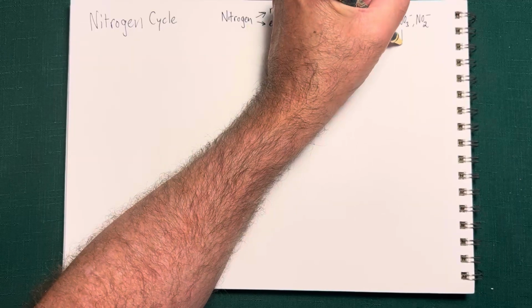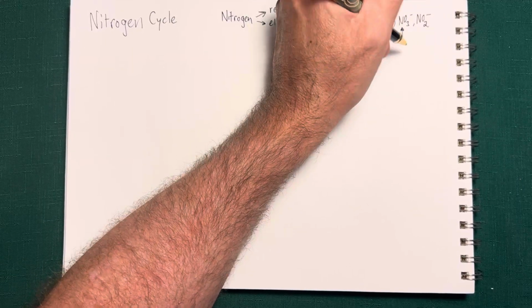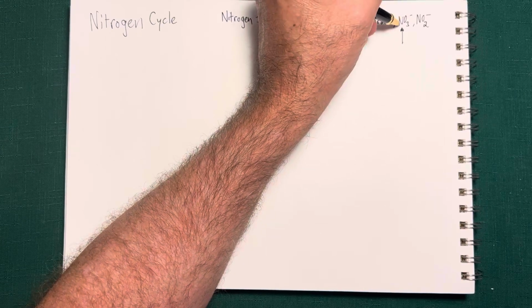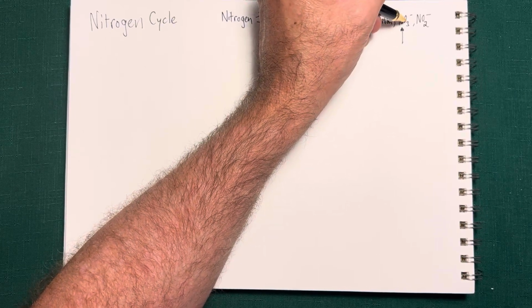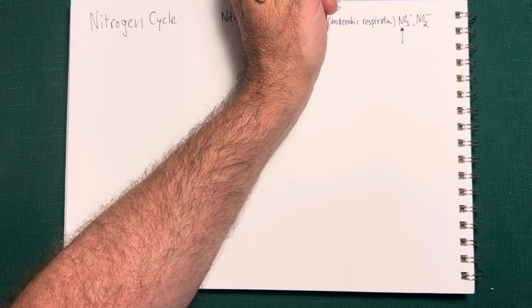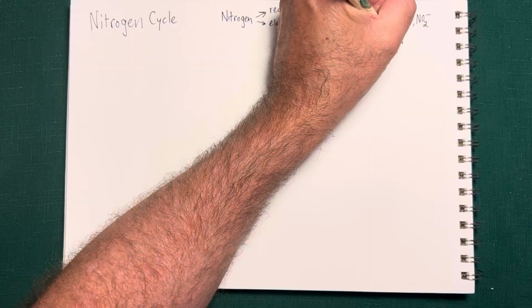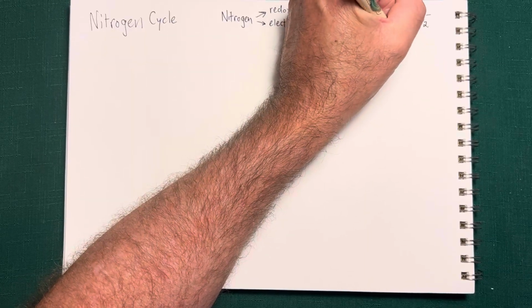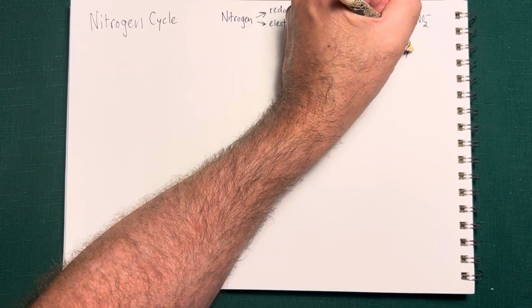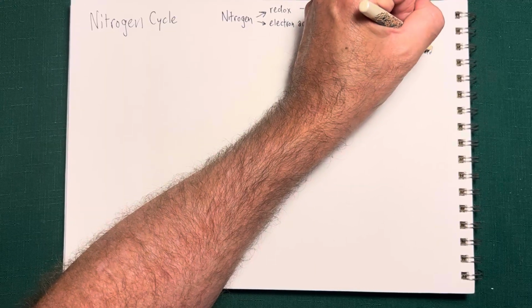And I just want to indicate that nitrate is a big important player because here our nitrogen has covalent bonds to 3 oxygen atoms. It has a negative charge, so it is as oxidized as nitrogen is going to get. So as nitrate, it is fully oxidized.